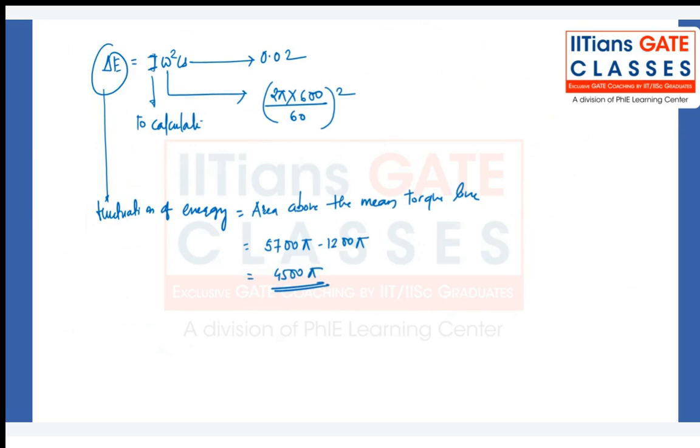I have given you enough hint. With this hint, you can solve the question. So the answer: 4500 pi is equal to I omega square CS, that is I into 2 pi into 600 divided by 60, whole square, into 0.02.